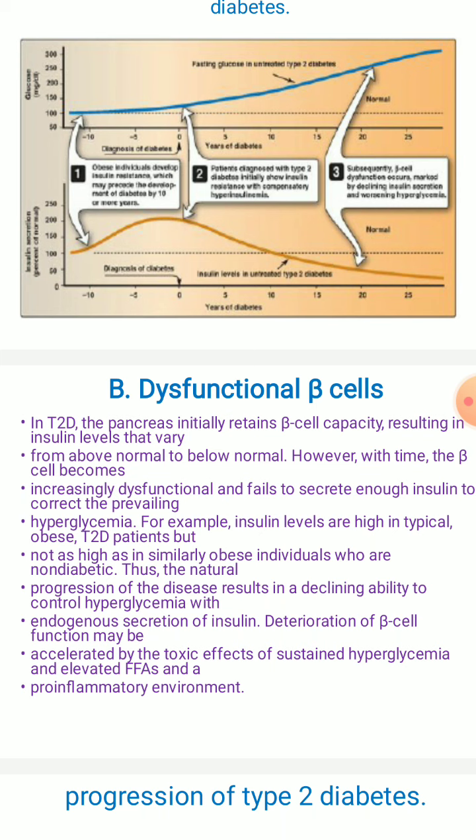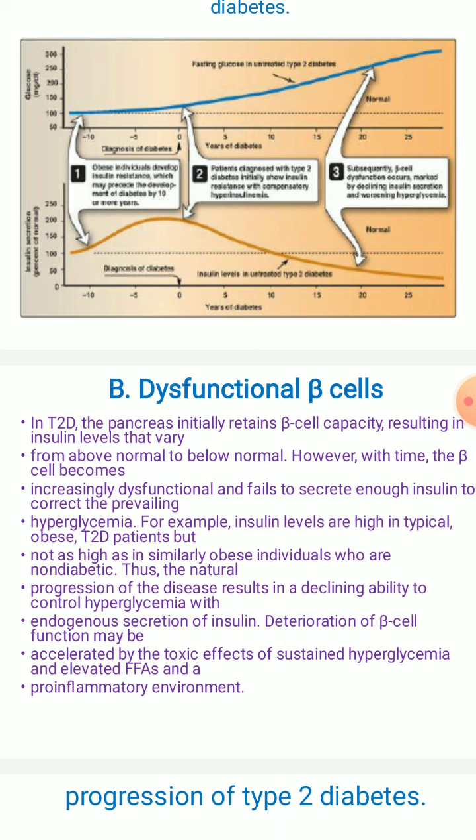For example, insulin levels are higher in typical obese individuals with type 2 diabetes, but not as high as in similarly obese individuals who are non-diabetic. Understood? If you compare a non-diabetic obese individual with a diabetic and obese individual, you can see what is going to happen.